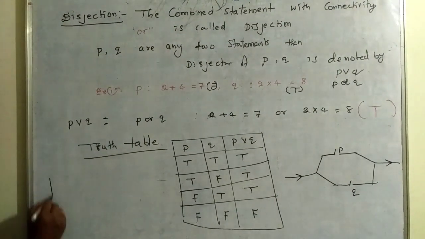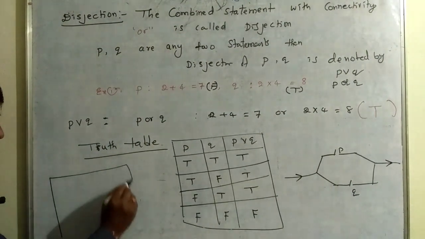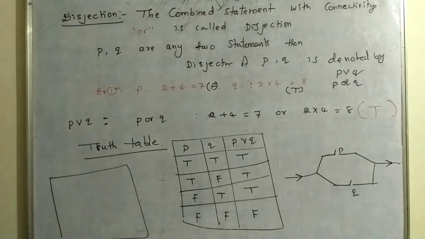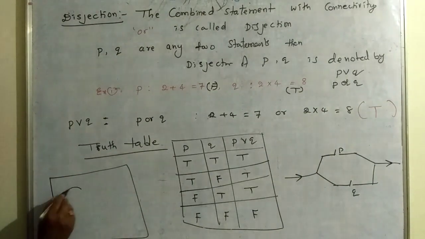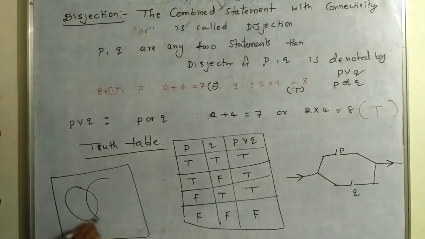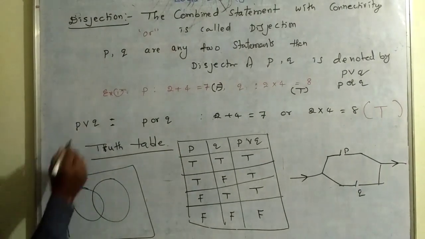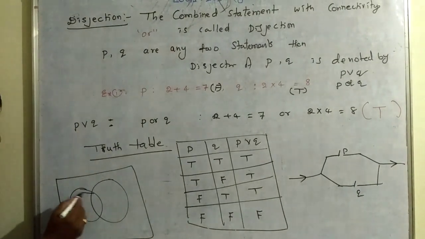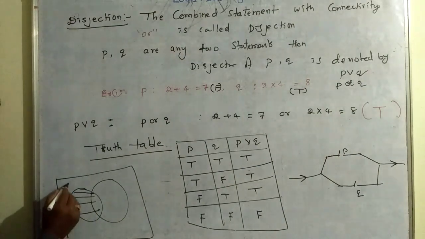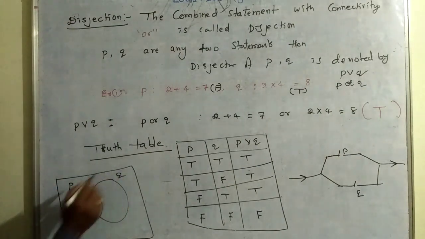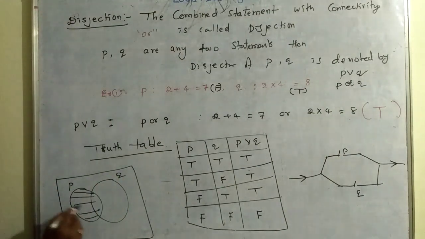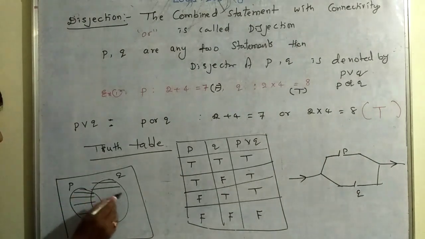We can discuss the Venn diagram for this disjunction. Let's consider P or Q. This is the P statement, and this is the Q statement. P or Q means we get this region.